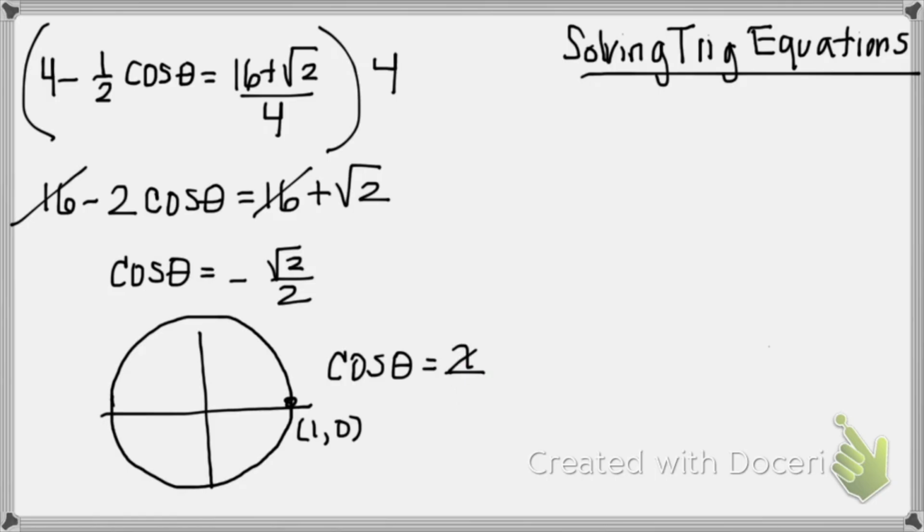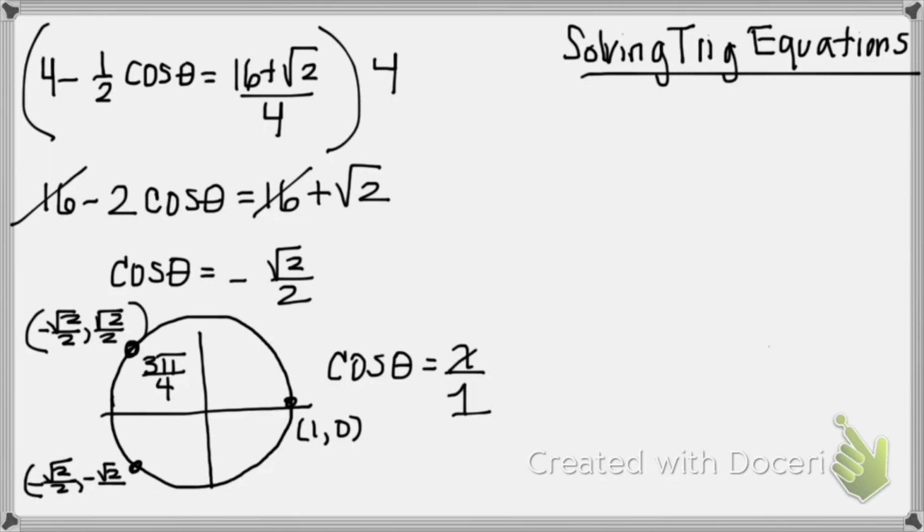Then I'm looking for an x coordinate of negative rad 2 over 2. And I'm seeing that that's going to happen here at negative rad 2 over 2, rad 2 over 2, which is an angle of 3 pi over 4. And it's happening here, right? At negative rad 2 over 2, negative rad 2 over 2, which is 5 pi over 4.